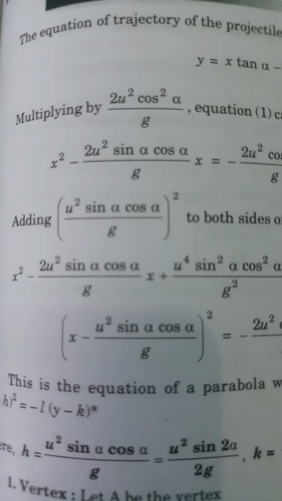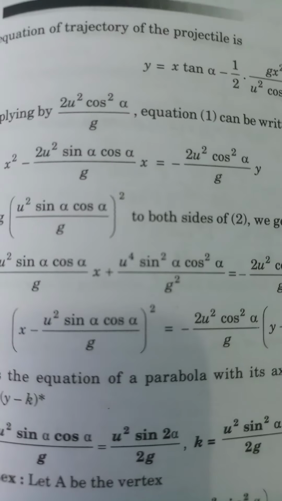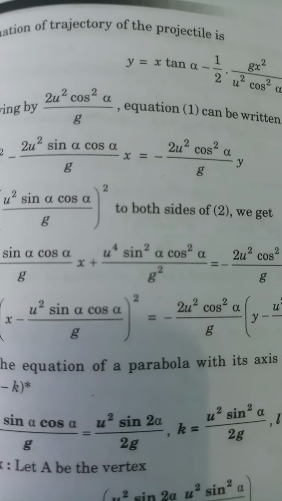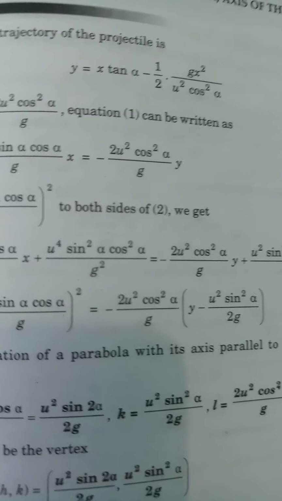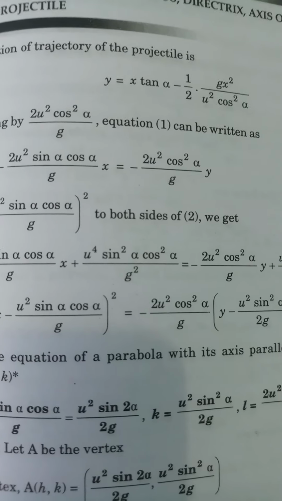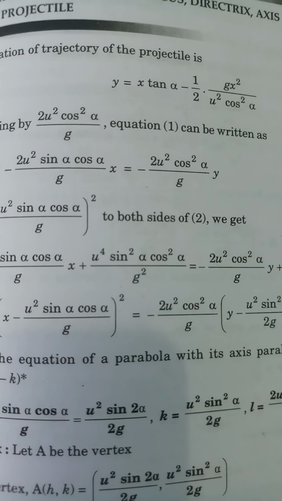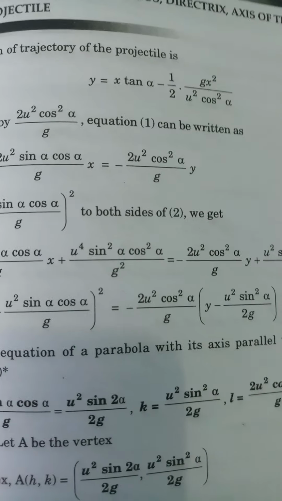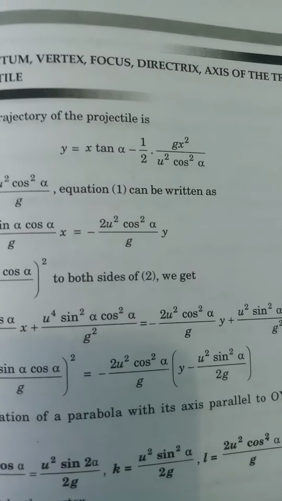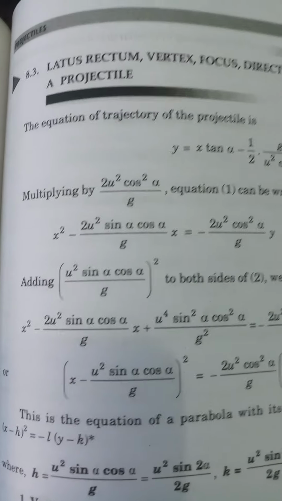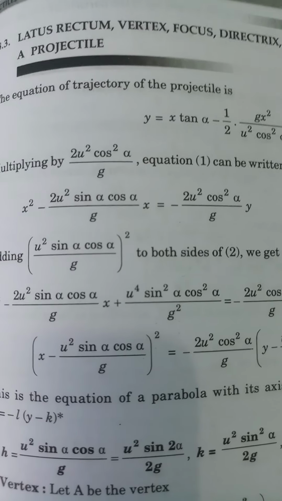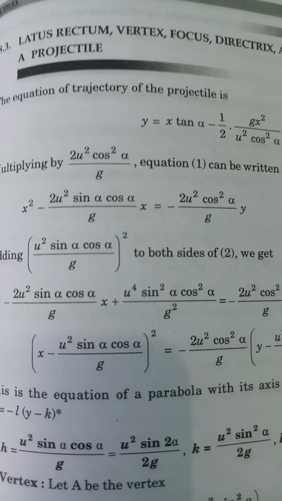This is equation 1. Multiplying equation 1 by 2 u square cos square alpha by g, we have to multiply it with 2 u square cos square alpha by g.